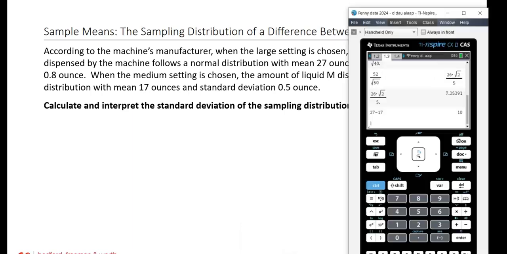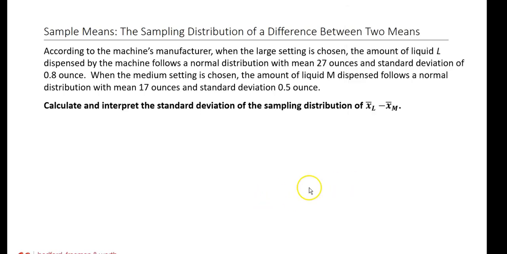So standard deviation is, I believe, the square root of a fraction. So it's the first standard deviation squared, so 0.8 squared over, I think N was 25 for that first one.